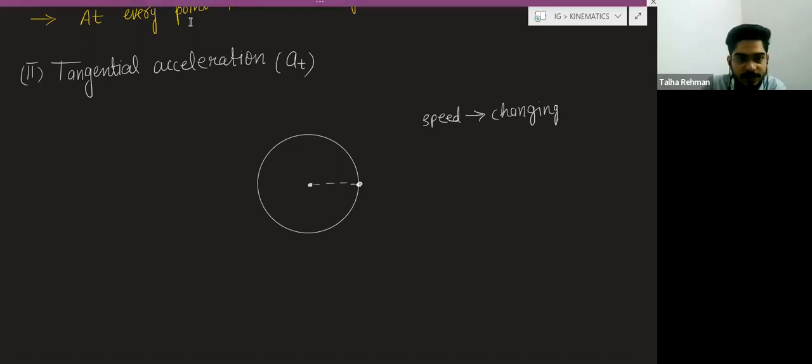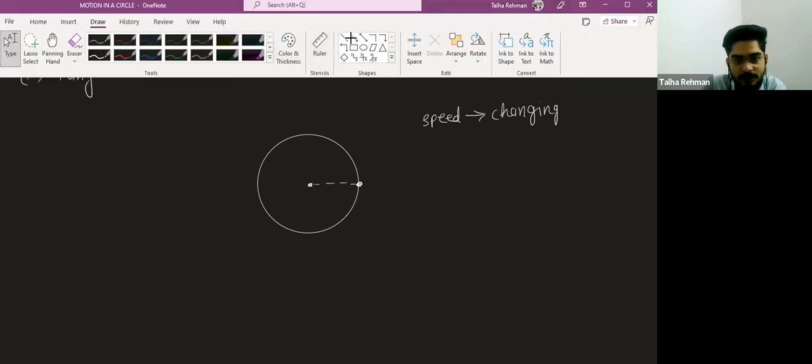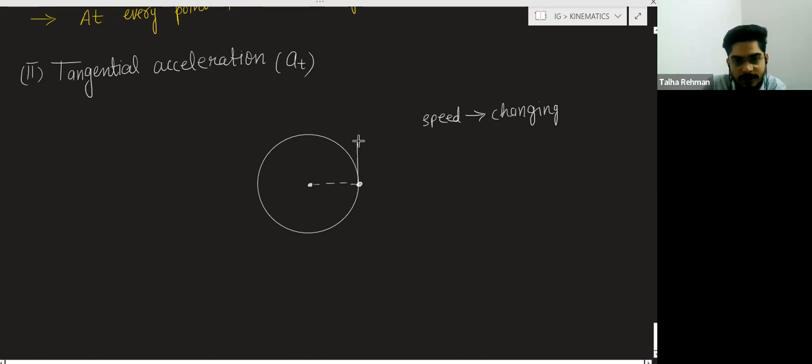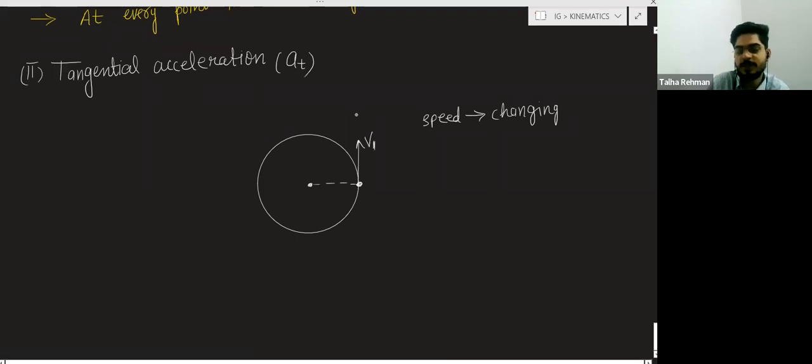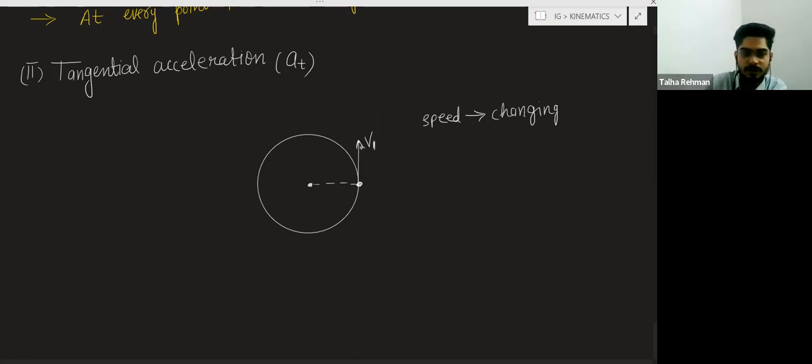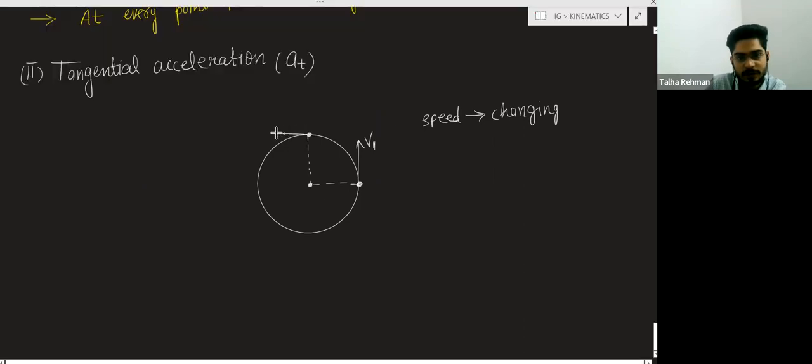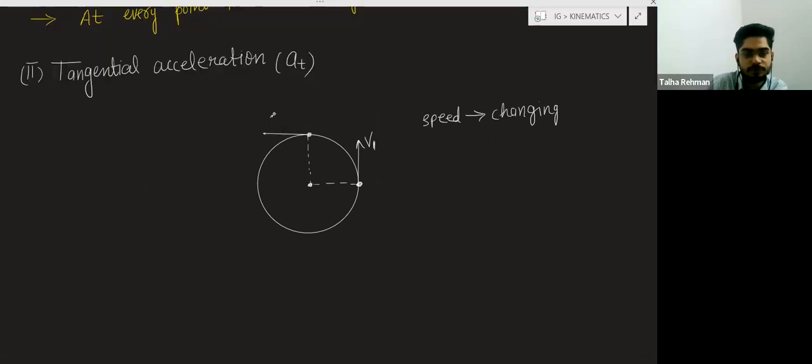Suppose at this point the speed is v1, and this tangent is representing the direction of the velocity. At this point the speed is v2.